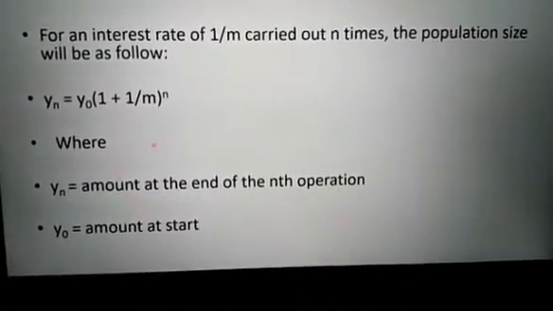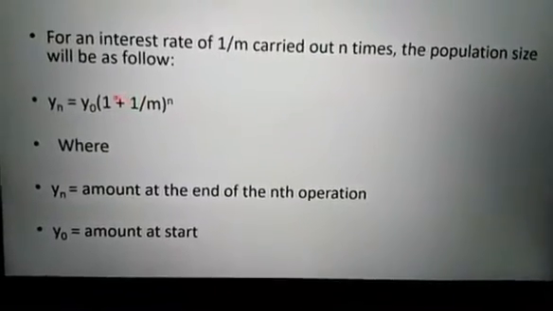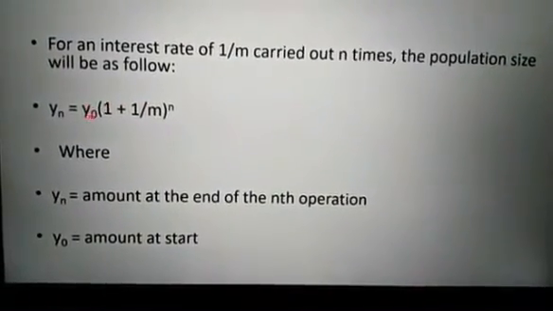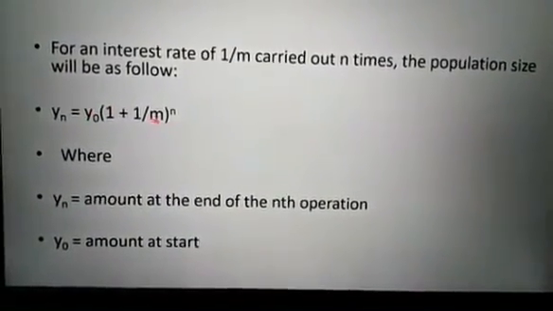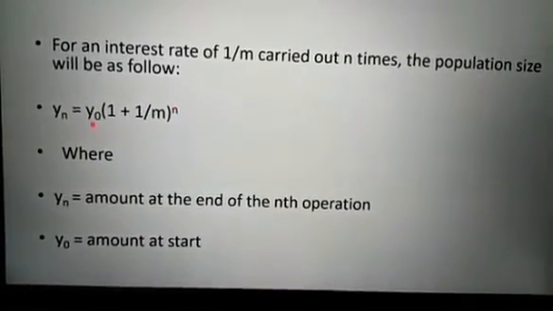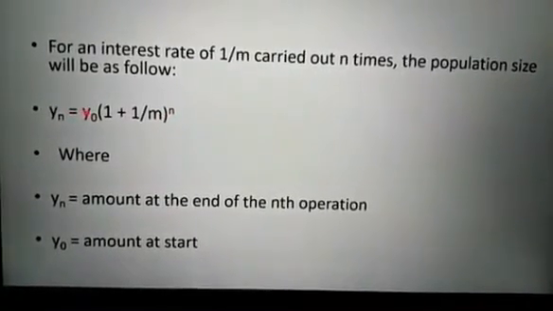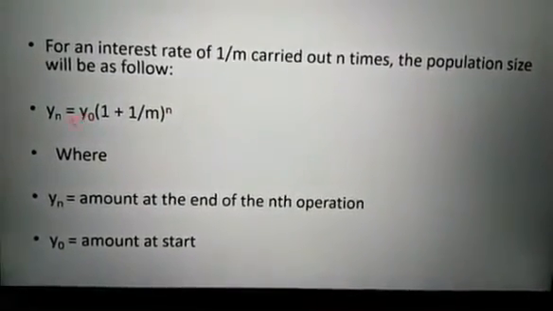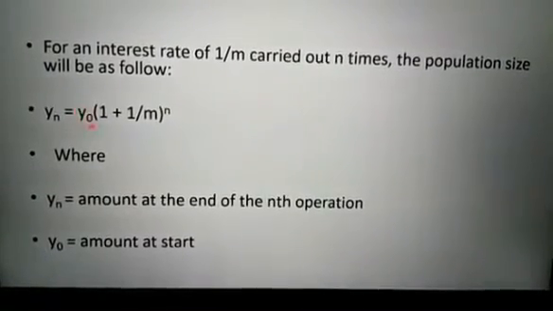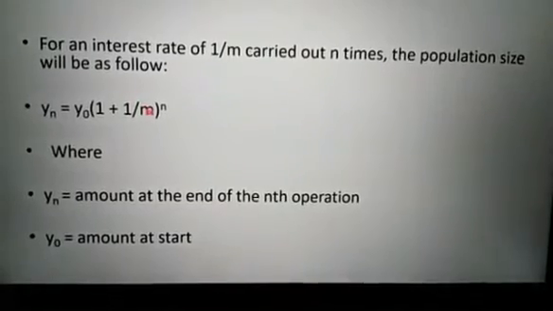Then if you want to check that what we have been saying is correct, come here, put 100, then put a 10 here, and put a 1 here for the first year. As you go on, because now you have the time, again y0, what you have, put 100 into 1 plus 1 over 10.